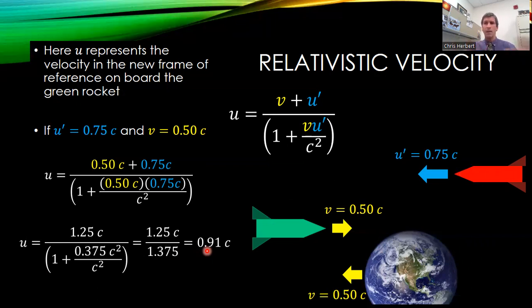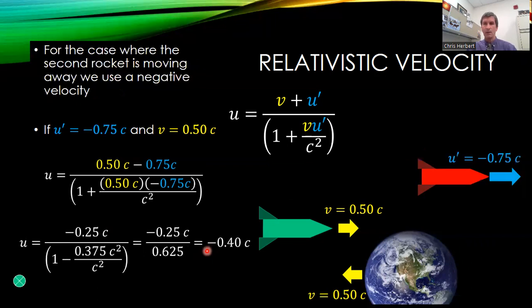Okay, now let me turn the red spaceship around. How do I handle that velocity? If the speed of the ship is away from me, I will treat that as a negative velocity, just like if the Earth were moving away from me, or I were moving away from the Earth, that would be a negative velocity. So I plug in my negative velocity here, and according to the Earth's frame of reference, it's going away from the Earth at 3/4 the speed of light.